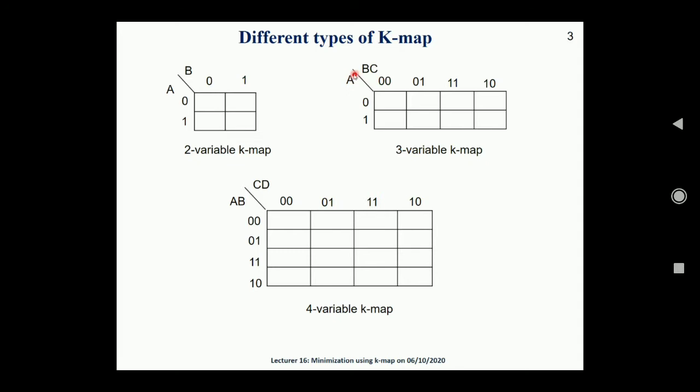When we are talking about the 3 variable, this particular part has only 1 variable, and this particular part has 2 variables. Due to this, here we are using 2 bits, and here we are using only 1 logic. But if we are using the 4 variable, here also A, B and C, D, two logic values are there here, and two logic values are there here also.